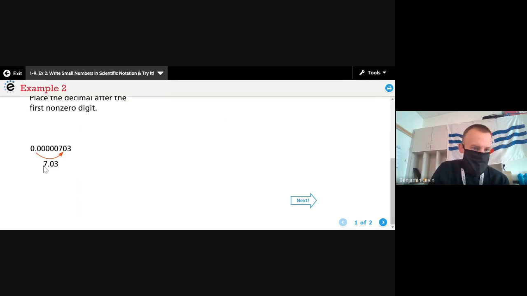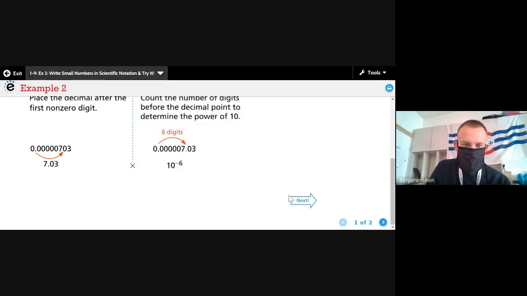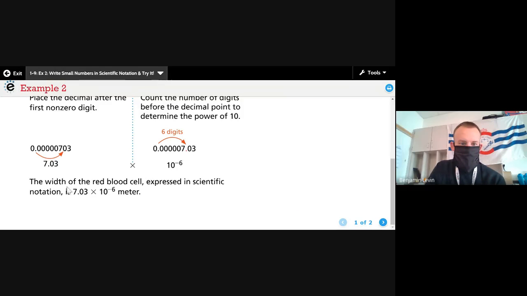That's between 0 and 10. Well, it needs to be between 1 and 10, really. And then they counted up 6 digits, right? There's 6 spaces, just like we did. 1, 2, 3, 4, 5, 6 to get to our new decimal point. So we know it's times 10 to the negative 6. There you go, 7.03 times 10 to the negative 6 meters.